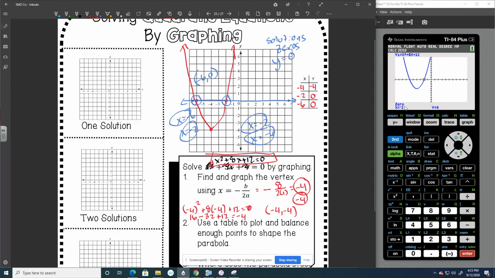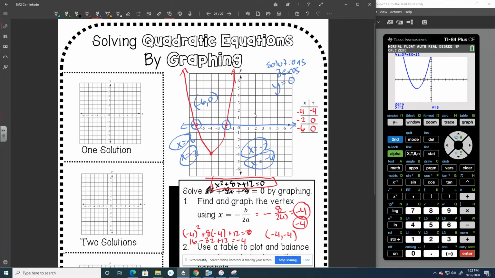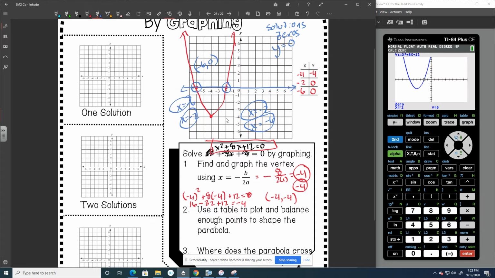Okay. Now, a couple of things. I had mentioned that there can be a different number of solutions. So what it looks like, what we just did, our parabola, because a quadratic equation is in the shape of a parabola, 2 solutions happens when my vertex is down here below the x-axis, and I cross the x-axis in 2 places.